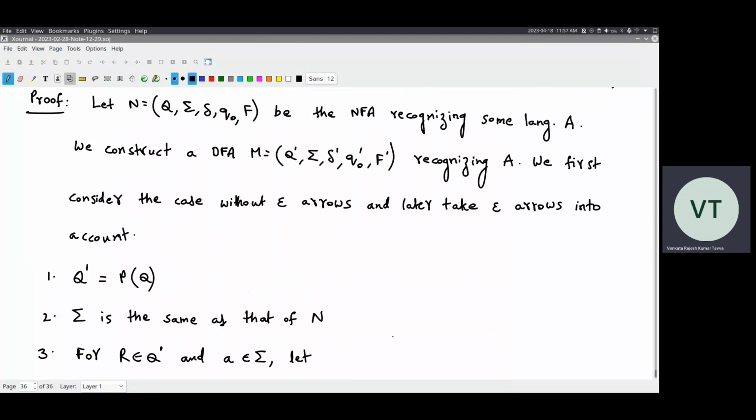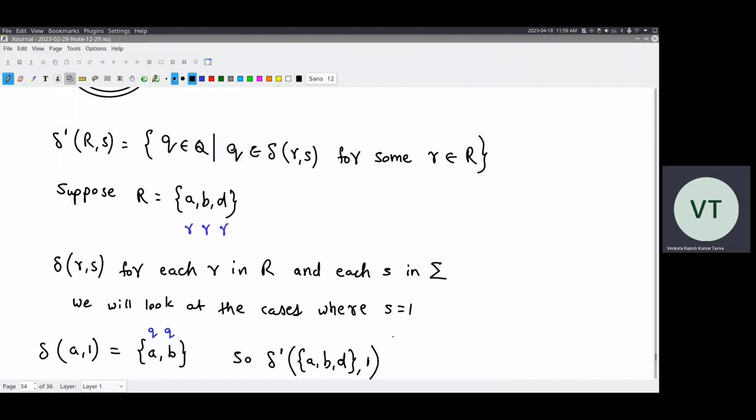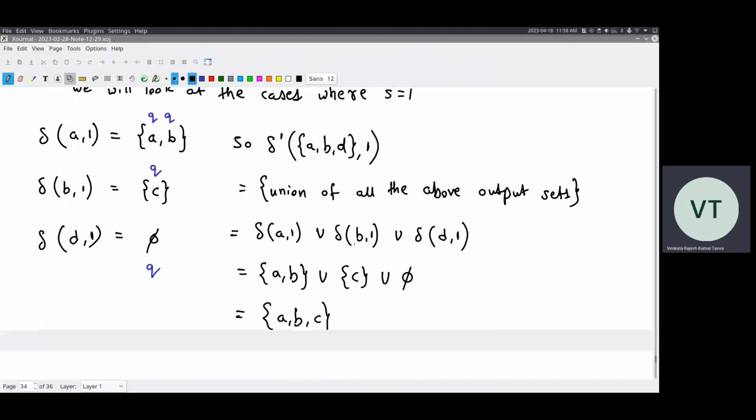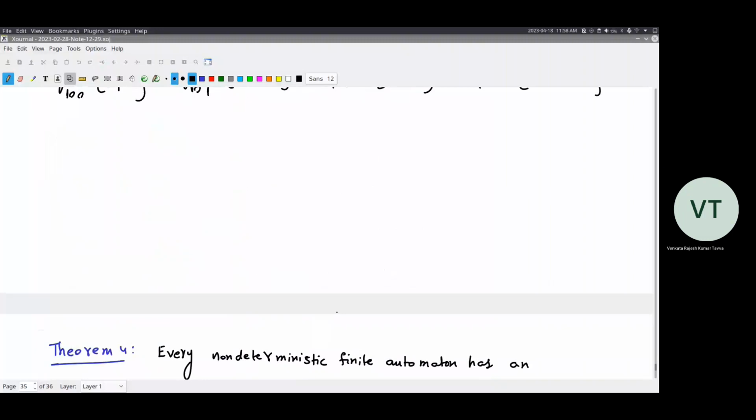So if you want delta dash of R, a for this entire set, you take each element. You take delta of A1, delta of B1, delta of D1. Each one is a set here. Perform the union of all these sets. You will get the final result. Okay? That's all. Same thing mentioned here. Okay, so let me make some space.